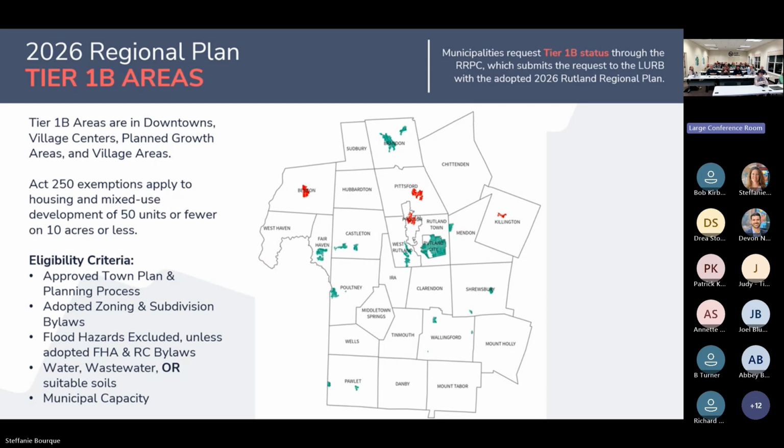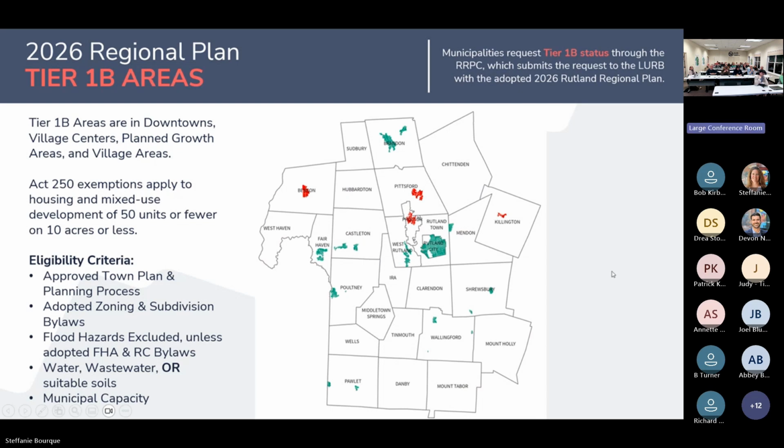And in order to even be eligible for that, the town has to have an approved town plan and planning process. It has to have adopted zoning and subdivision bylaws. The flood hazard areas need to be excluded from the Tier 1B area unless that municipality has adopted both flood hazard area and river corridor bylaws.